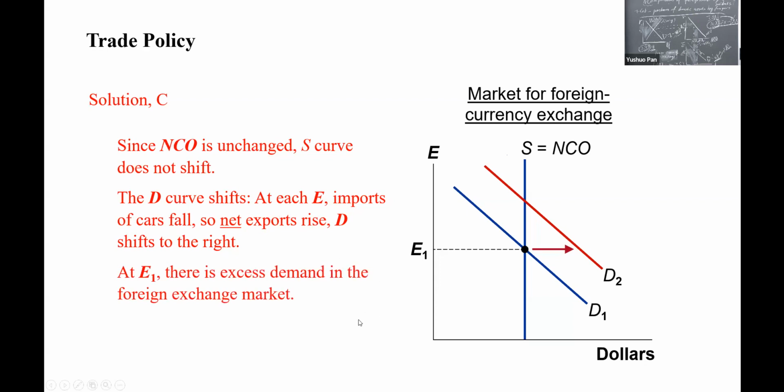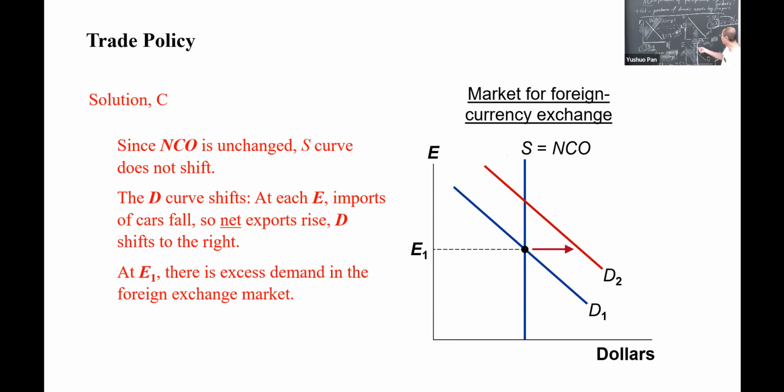At E1, there is excess demand in the foreign currency market. Because again, since R doesn't change, the NCO, the supply of US dollars, doesn't change. If the demand increases, but the supply of dollars doesn't increase, it's a fixed amount because it's a vertical line, which means the demand is bigger than the supply.